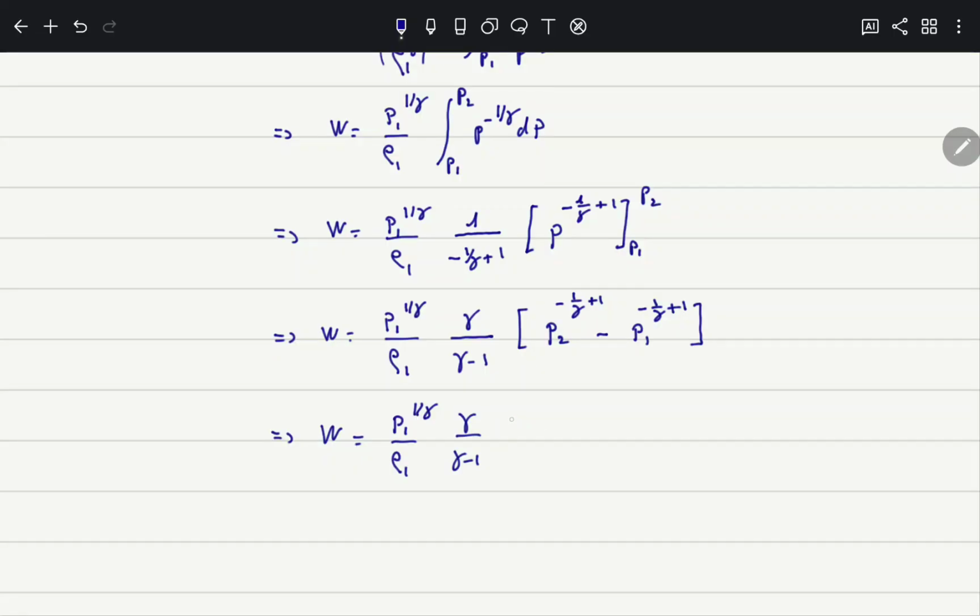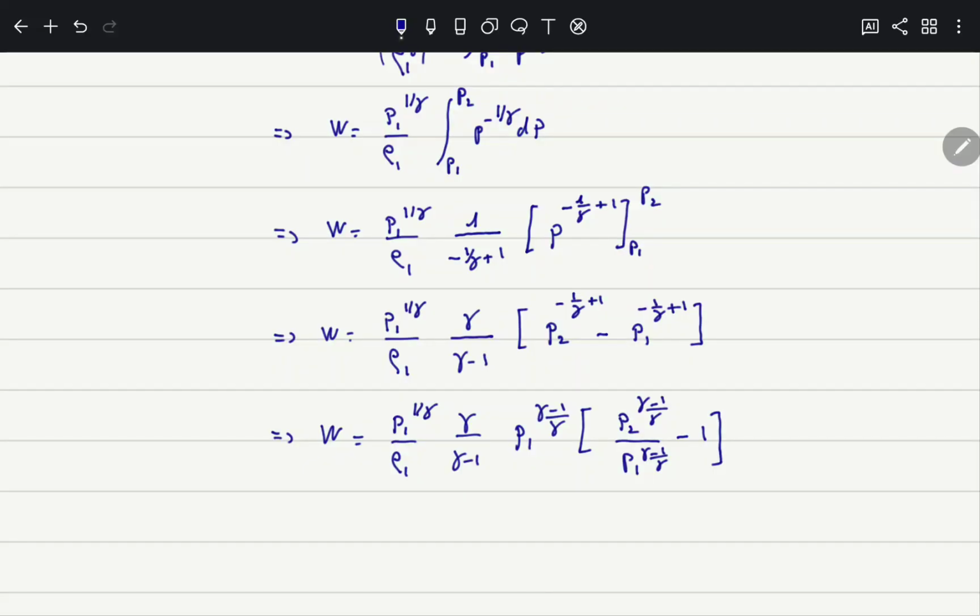That's going to give us P1 to the power of gamma minus 1 over gamma in front, and in the bracket we're going to have P2 to the power of gamma minus 1 over gamma, divided by P1 to the power of gamma minus 1 over gamma, minus 1.